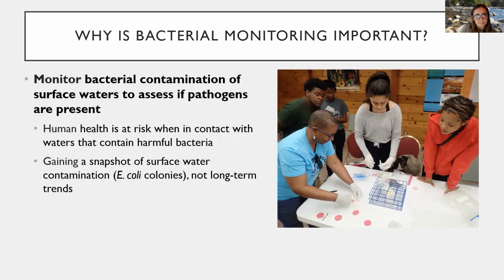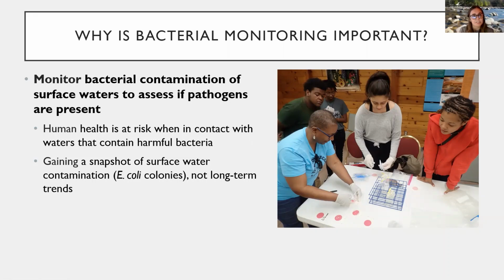By monitoring bacterial contamination of surface waters, we're assessing if pathogens are present. Pathogens are really just any microscopic organism that can cause disease. We'll go into a little more detail on the next slide, but that's just something to remember.